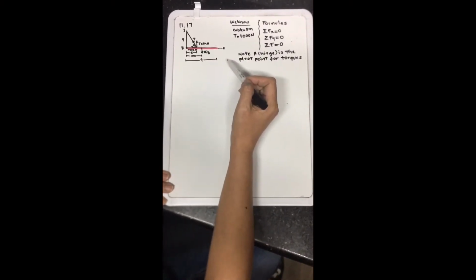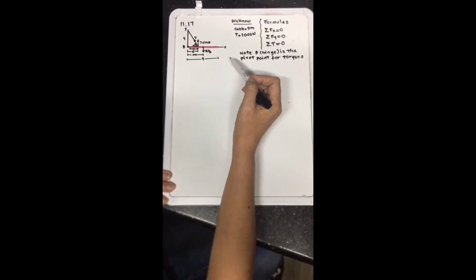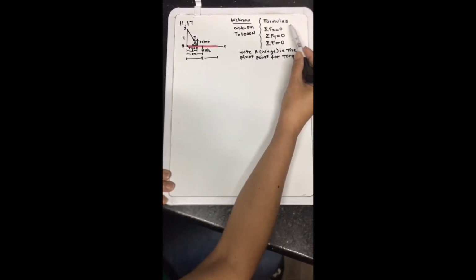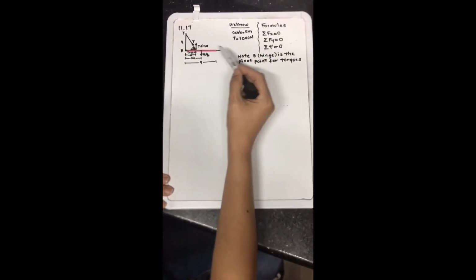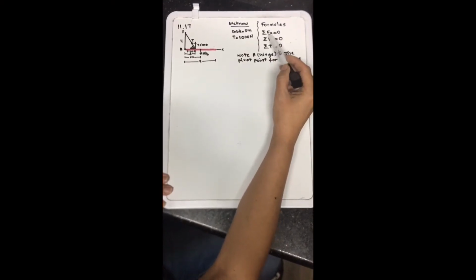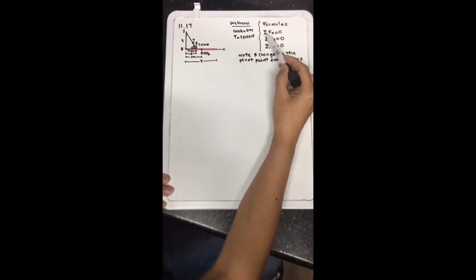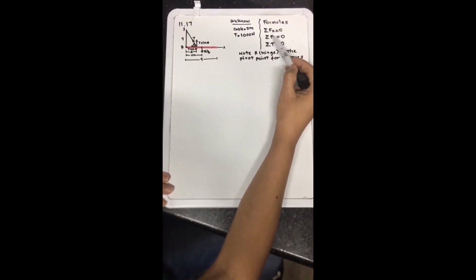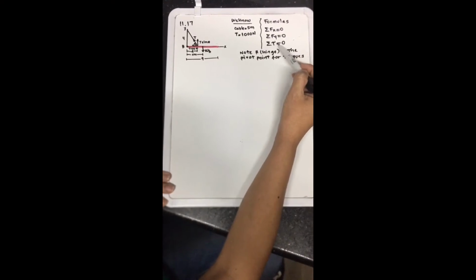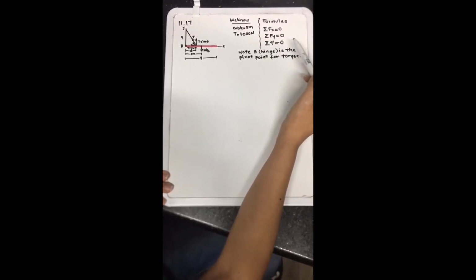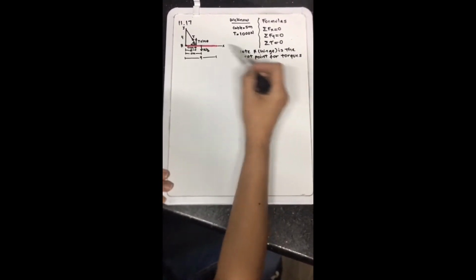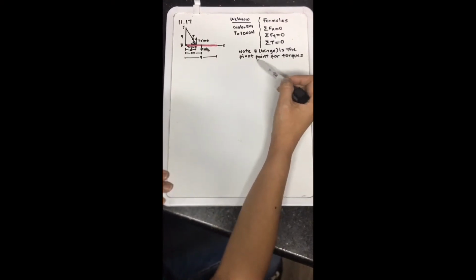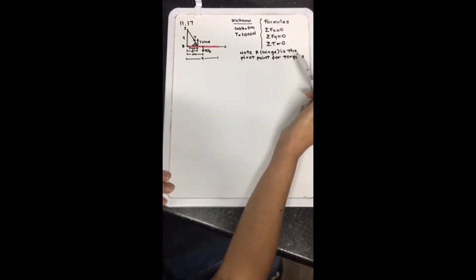So what we are going to use are these formulas for equilibrium, because the system is in equilibrium. The sum of the forces on x is equal to 0, as well as the forces on y, and the sum of all the torques is equal to 0. Note that the point H is the pivot point for all the torques.